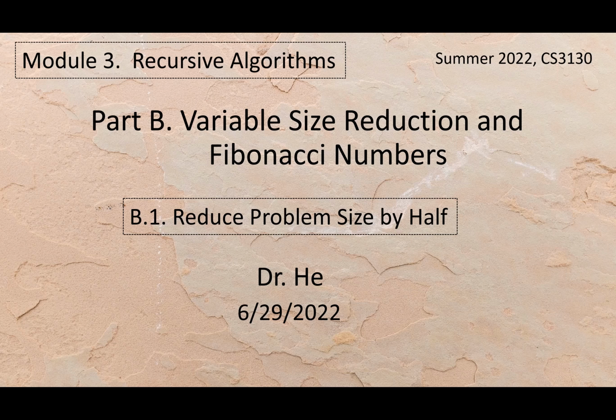For the factorial problem, that's constant: every time we reduce by 1. It's not necessarily always constant 1. So we have freedom to do the size reductions. B.1, reduce the problem size by half.